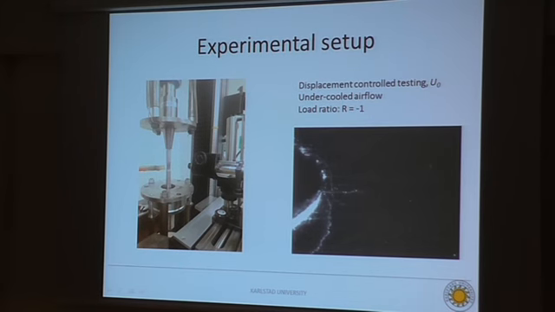This is a picture of how the crack looks on the computer screen. What you can see here is the notch and the crack initiation just here. This crack is about 0.5 millimeter long.